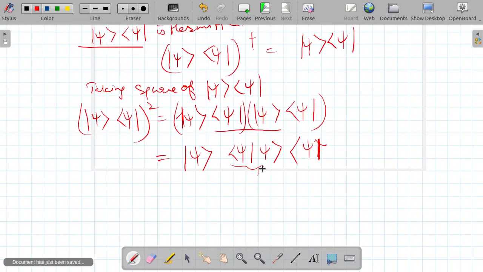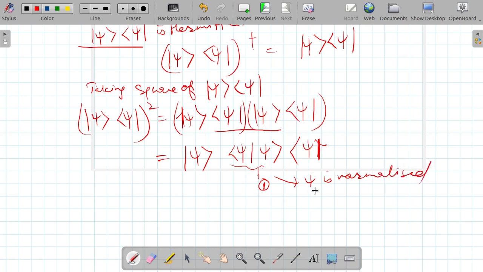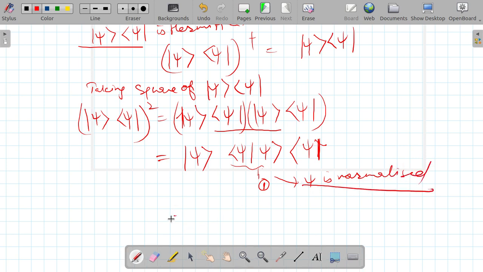This is 1 because the wave function is normalized. Because psi is normalized, this condition is satisfied. So it is Hermitian, as we have chosen it in such a manner. Then its square is equal to itself.